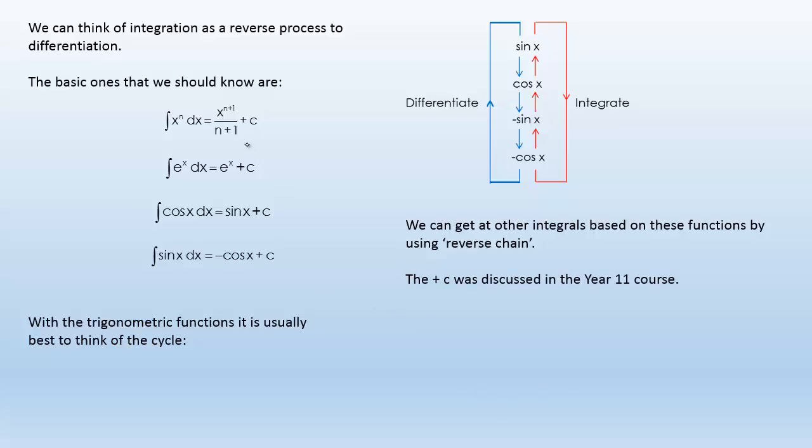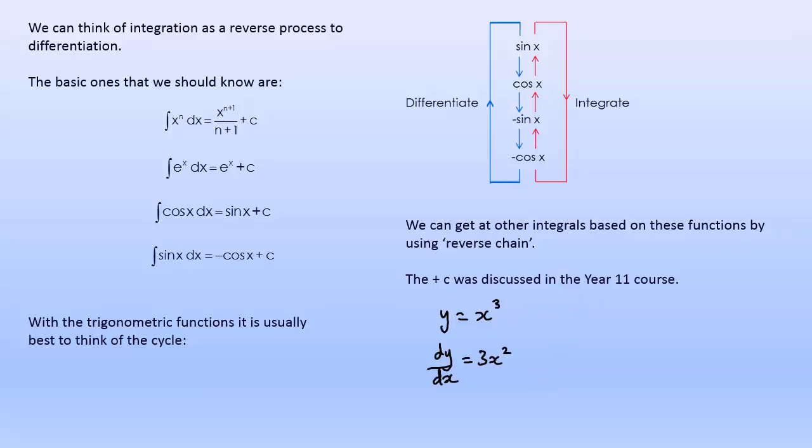The plus c here, the arbitrary constant, that was discussed in the Year 11 course. But just to remind you about that, if you have y is equal to x cubed, then it differentiates to 3x squared.